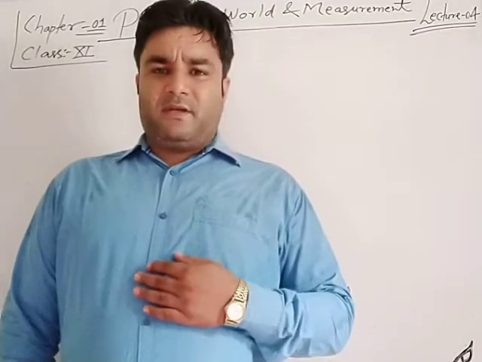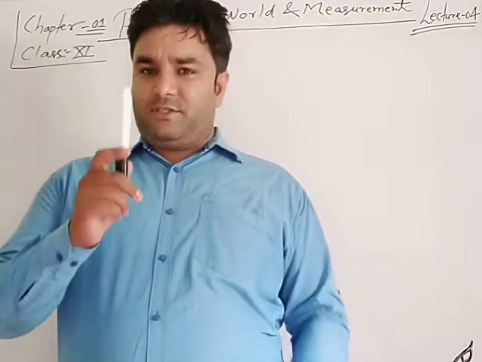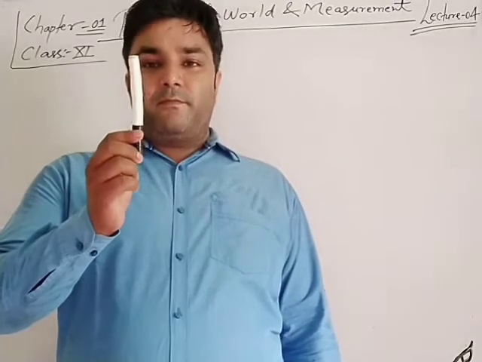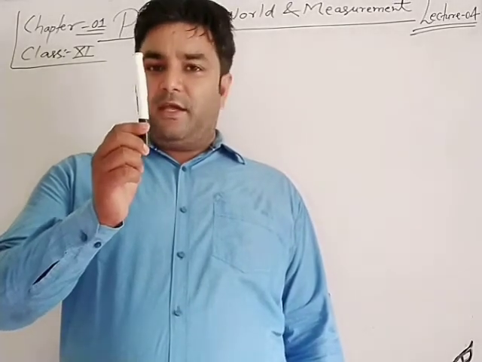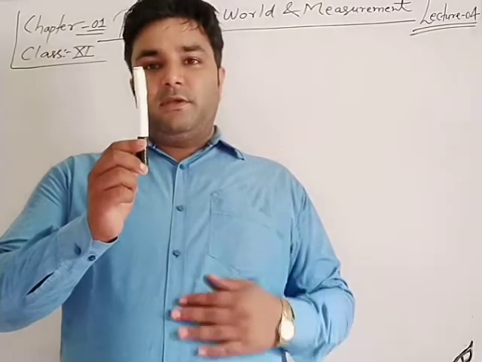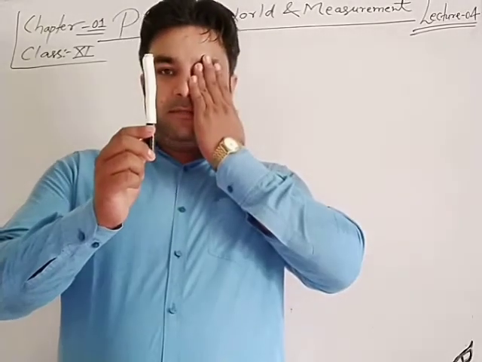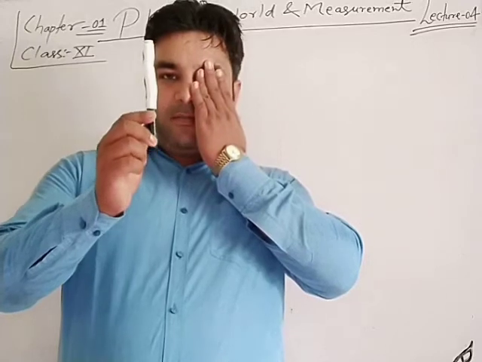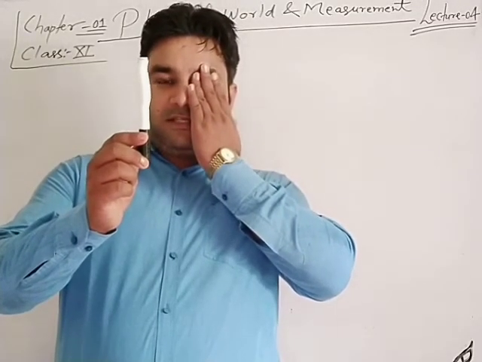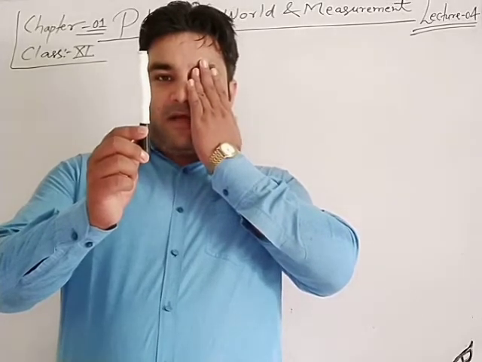The concept of parallax means what? That is shifting of position. When we view with the help of one eye, keeping one eye closed, the position of this marker pen will change when we change which eye is closed.